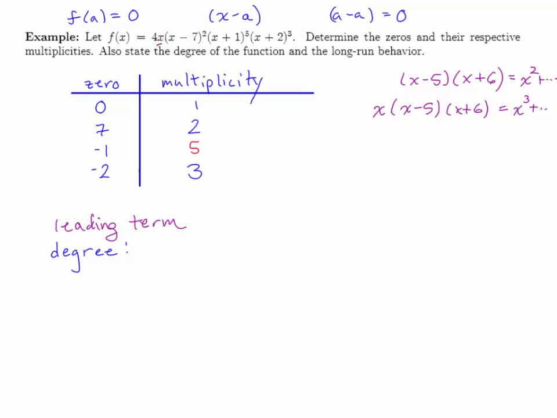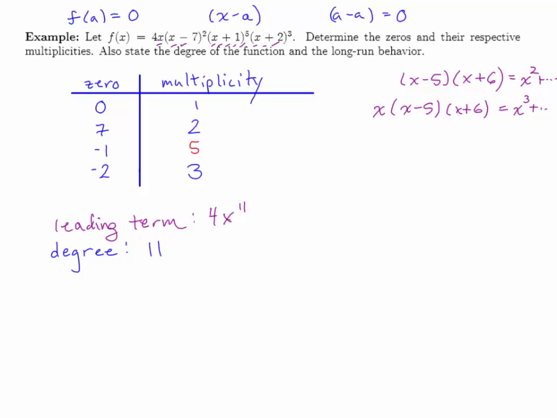So we have 1, 2, 3, and then we have another 5, which will be 8, and then another 3, which will be 11. So the leading term here is going to be 4x to the 11th. So we know that of all of those variable factors, x to the 11th will be the leading term, and then we just have that constant factor of 4. So what that means then is that our degree is 11.